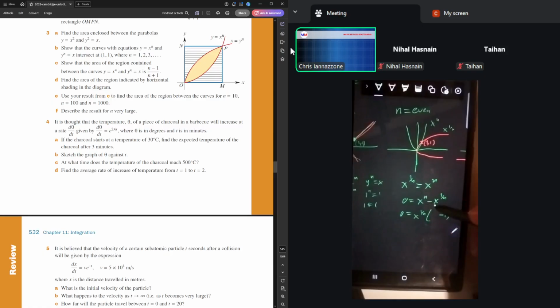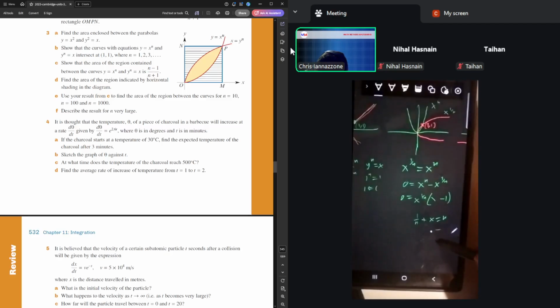And if I expand it through, multiplication is addition, so what does this look like again? 1/n plus what equals n? x equals n minus 1/n. x equals (n squared minus 1)/n.